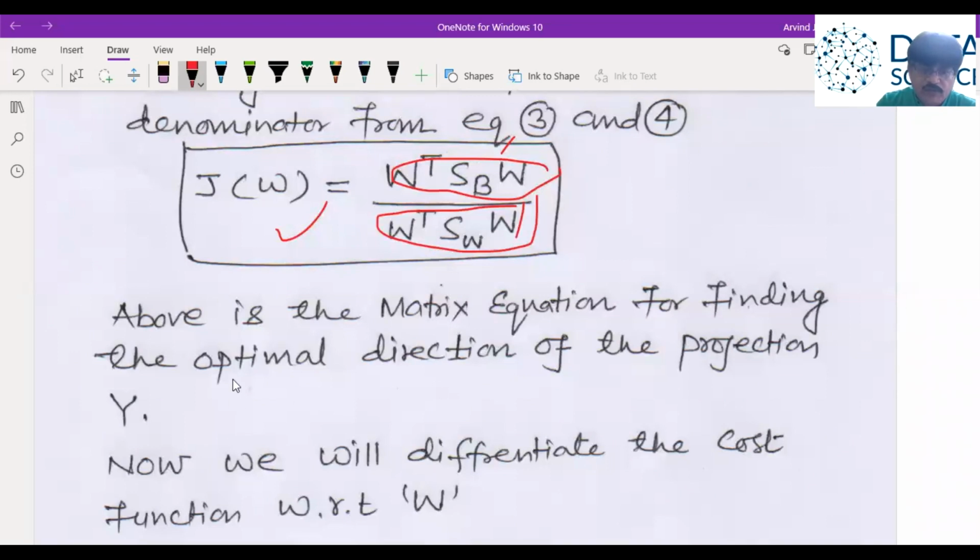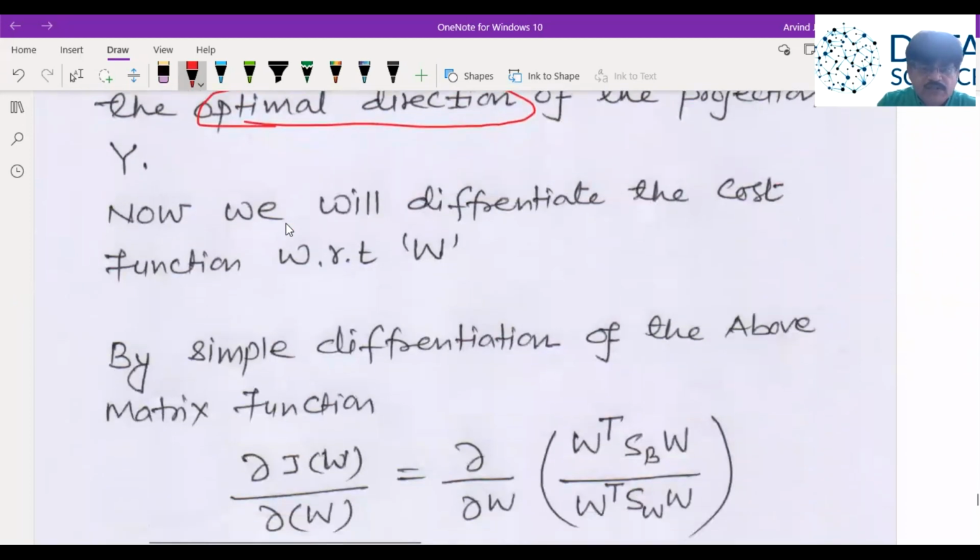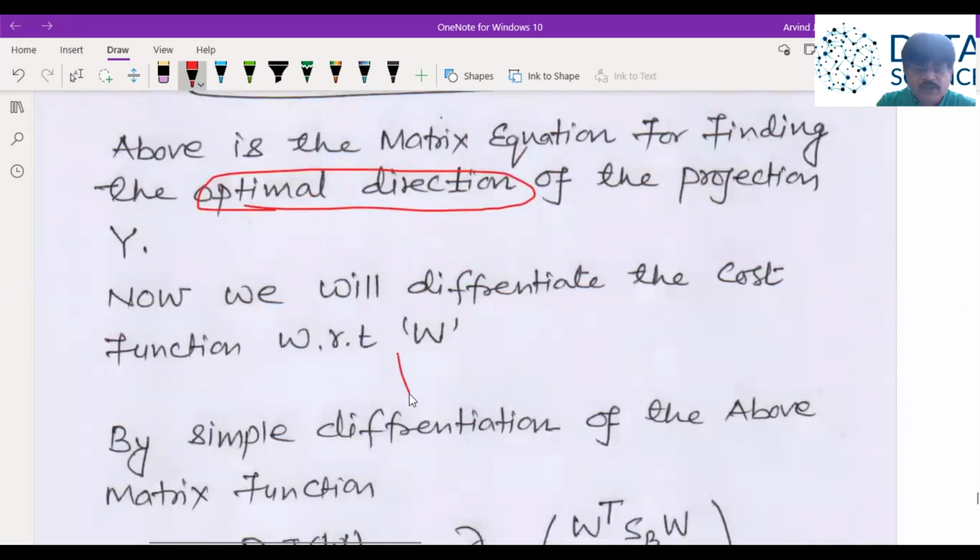And now what we have to do is find the optimal direction of the projection Y. So what will we do? Now we will differentiate this cost function, or say objective function J(W), with respect to W, that is the direction, that is the slope.